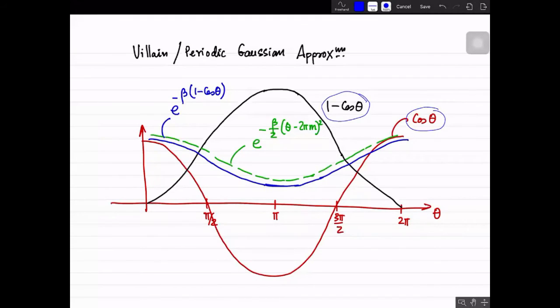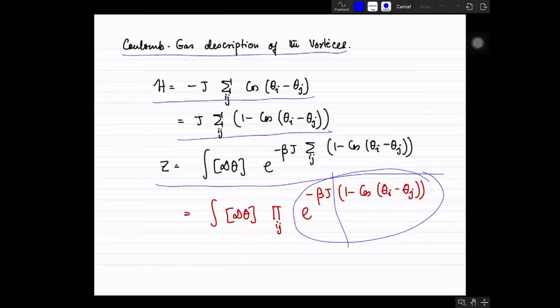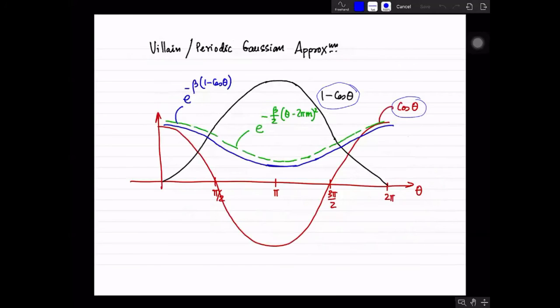Then this object, e to the power b times 1 minus cosine theta, is given by this blue thing, and this repeats. If I draw from 2 pi to 4 pi, everything repeats.